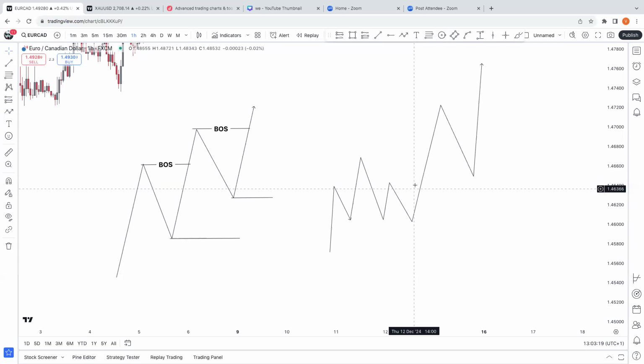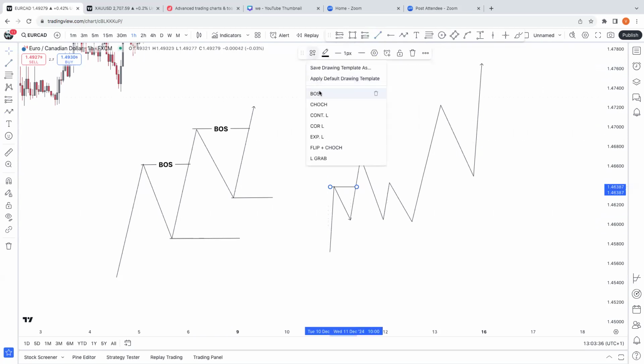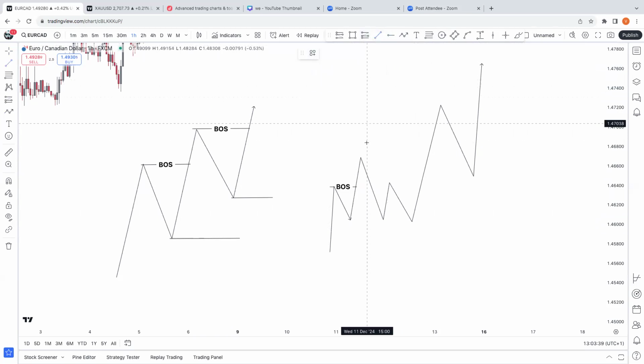Now, this second scenario is also a bullish market, but we have more structures than in the first scenario. So if you're asked to mark this type of structure, here is going to be your first BOS. Here is your second BOS.